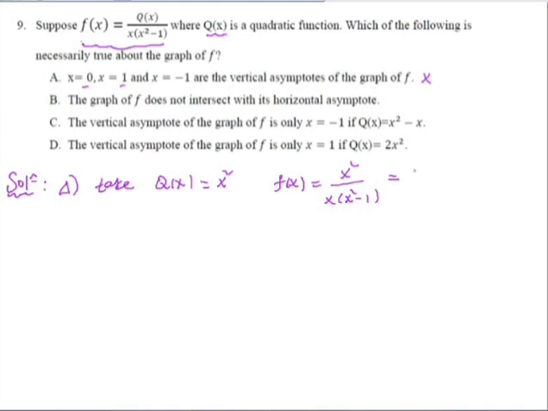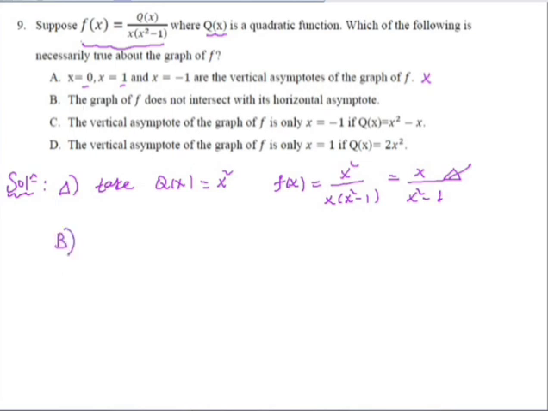This can also be simplified as x over x squared minus 1, which will have vertical asymptotes at 1 and -1 only. So A is not true.